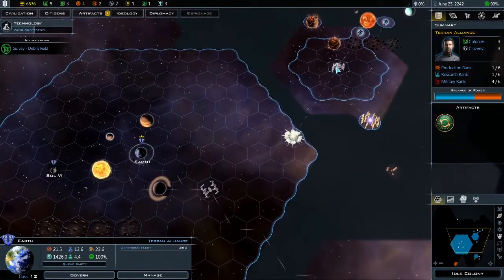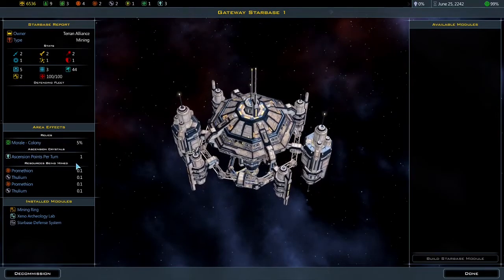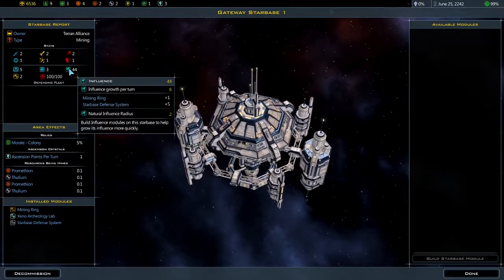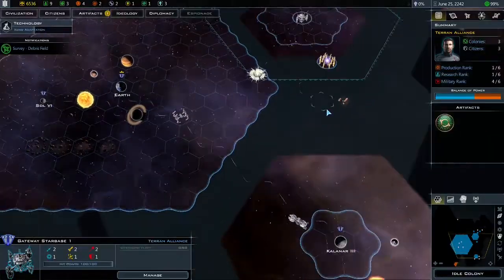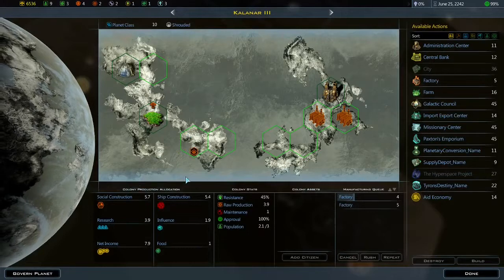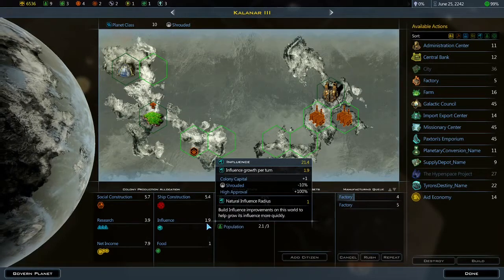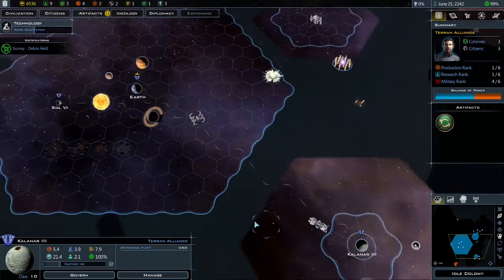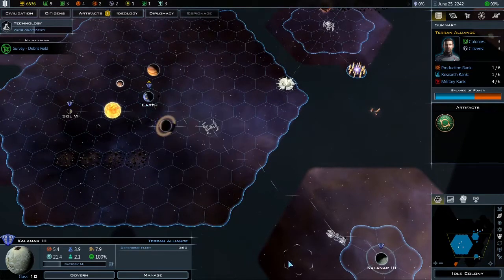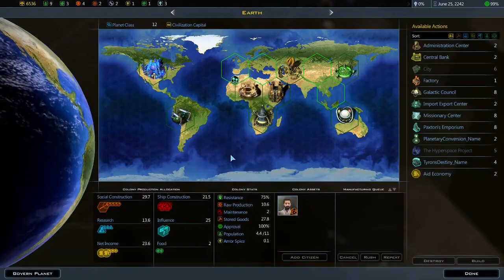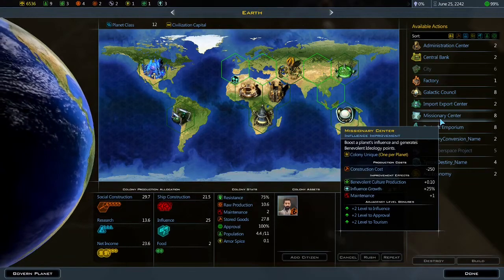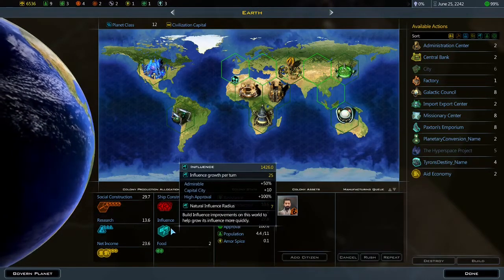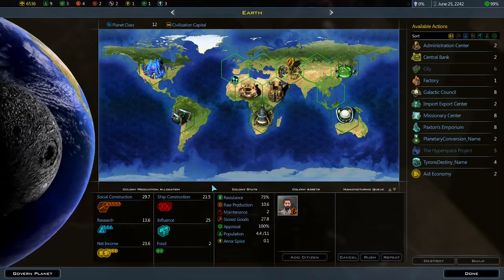And in that small planet, it would mean that it would increase only by 0.5. And so, by comparison, building one missionary center on our Earth is really beneficial for us.